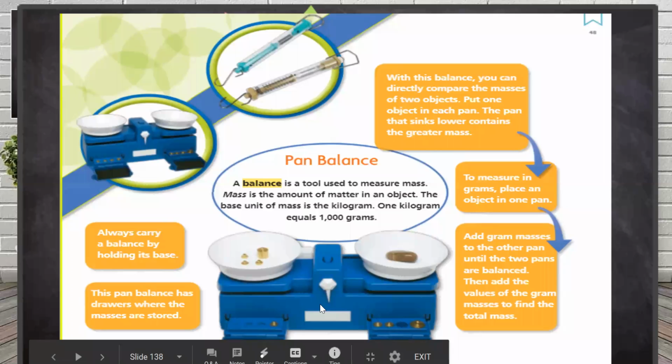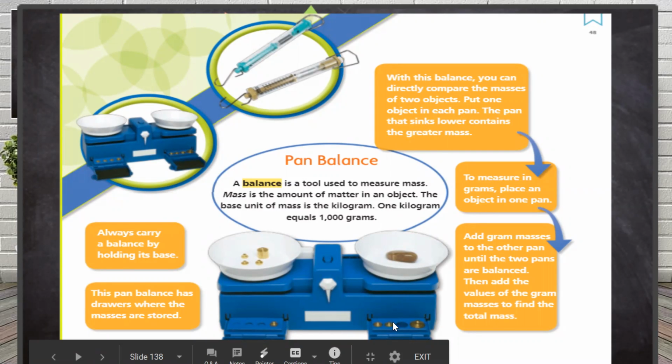Over here, when you want to hold this pan balance, because it has pans on it, you have to carry it from down, from the base. This pan balance has drawers where the masses are stored. Look at these drawers. Can you see them, guys? Yes.